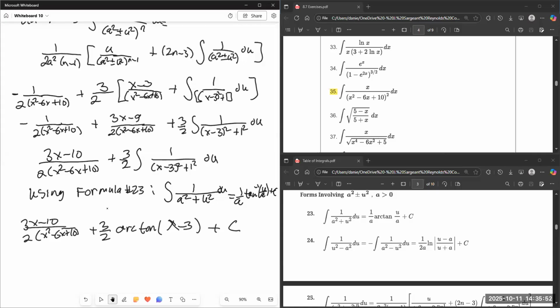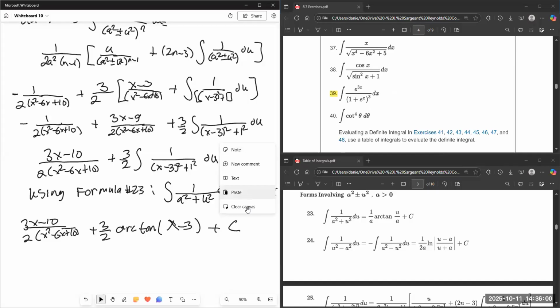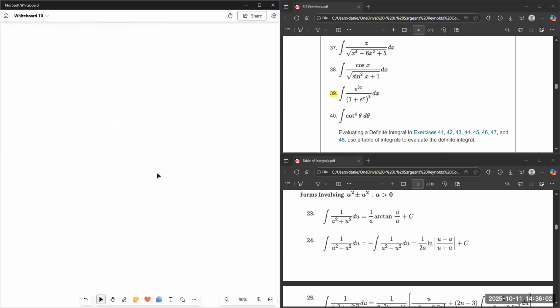All right. Let's look at number 39. 39 says integral e to the 3x over 1 plus e to the x cubed dx. So my u has to be 1 plus e to the x.